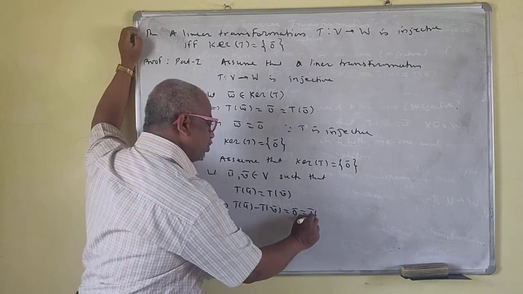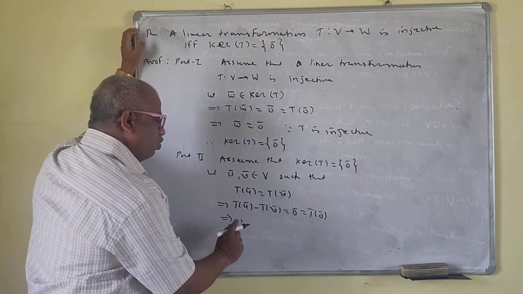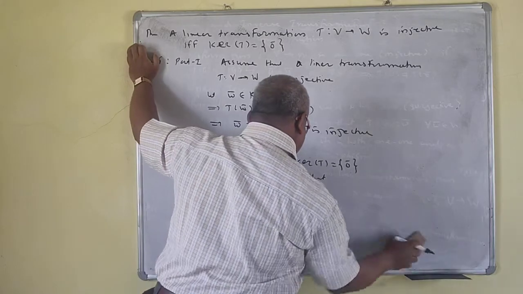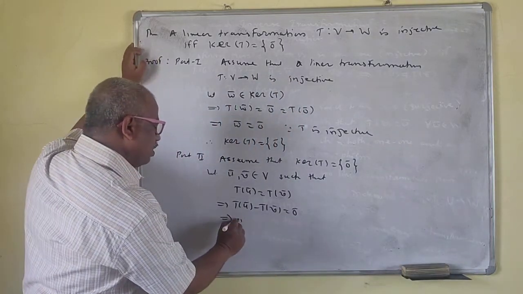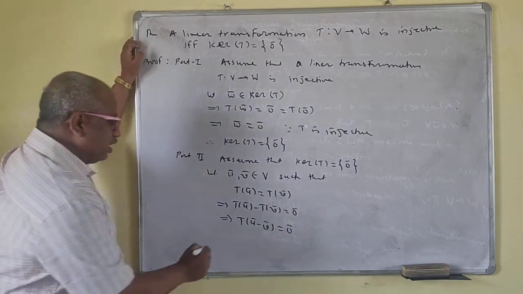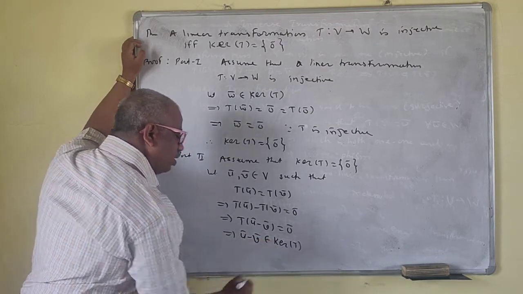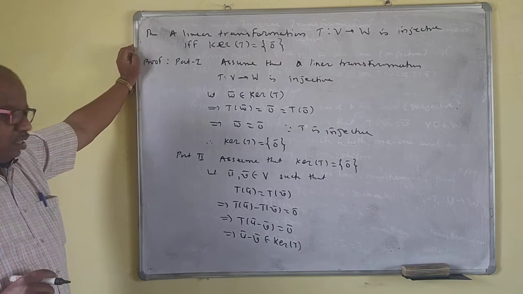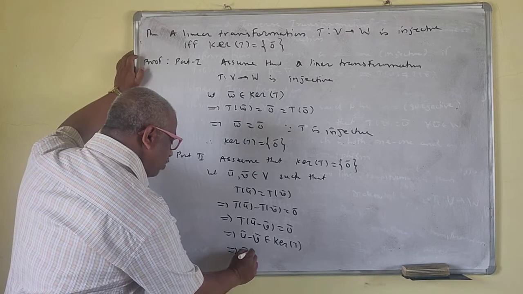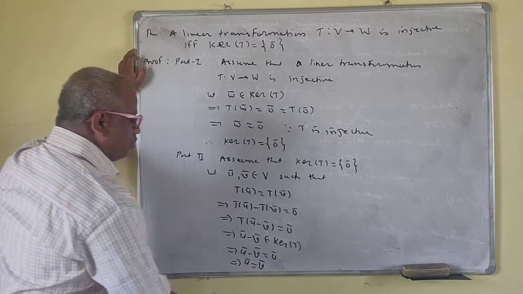But T is a linear transformation, so I can write this as T of U bar minus V bar is equal to 0 bar. What does this imply? U bar minus V bar belongs to the kernel of T. But the kernel of T contains only the zero vector, so U bar minus V bar is the zero vector. This implies that U bar is equal to V bar.